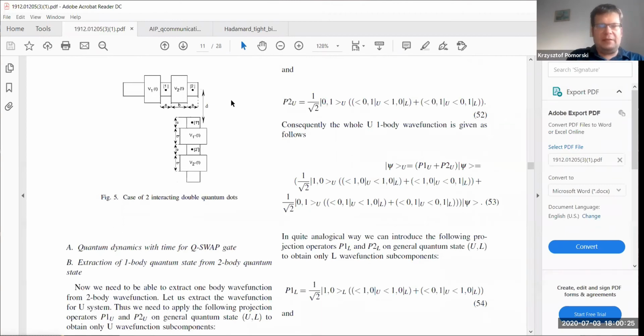This swap gate can also be implemented in such a way that it's not necessarily two parallel lines, but also perpendicular lines. That's one of the ways of doing it.